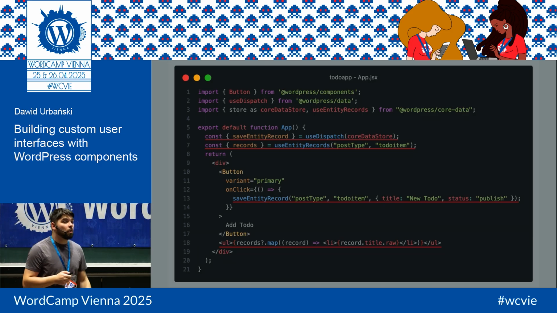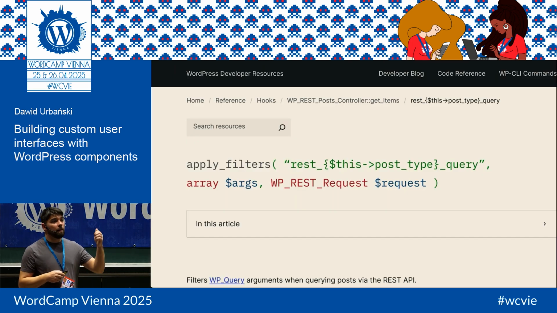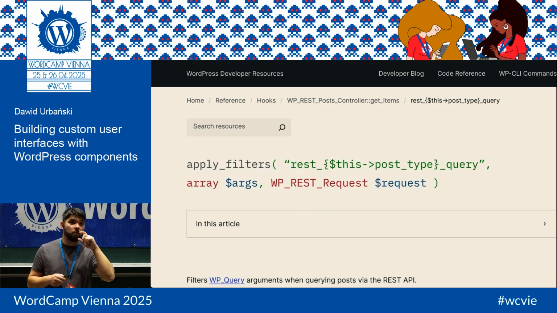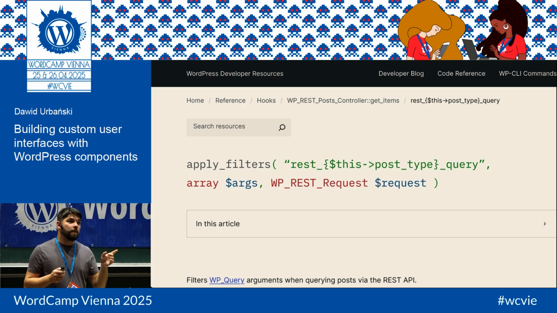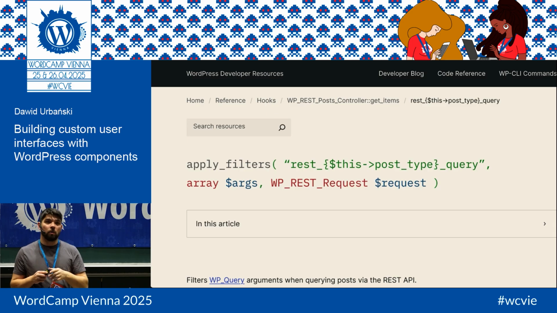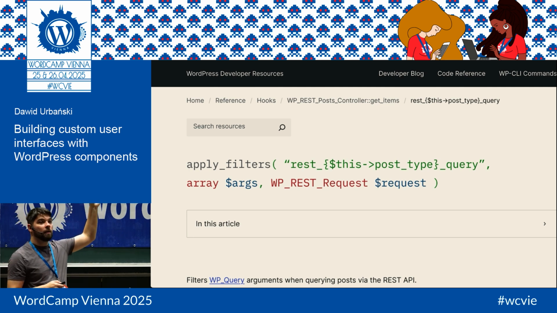And this is not really related to the data packages and how Gutenberg works, but to how REST API WP_Query works. So in the REST API, if you try to call the posts endpoint and you want to filter down by some meta fields, you cannot do it because the REST post type query doesn't support metadata.